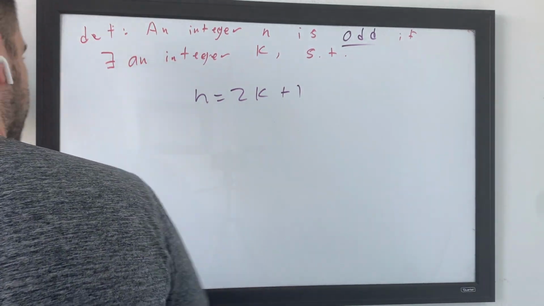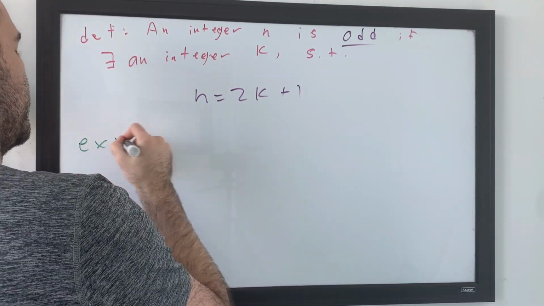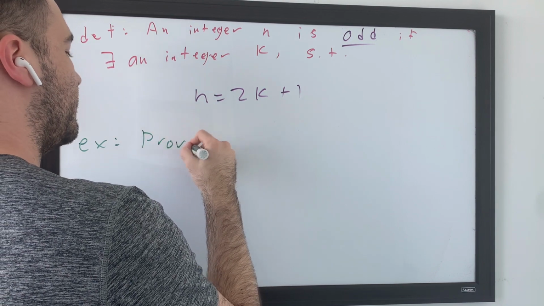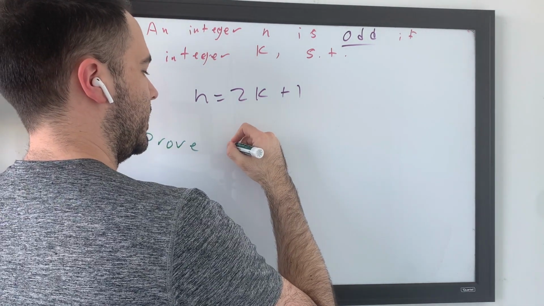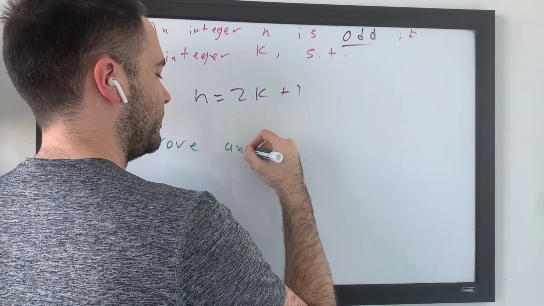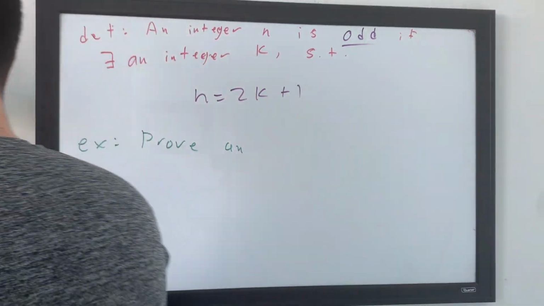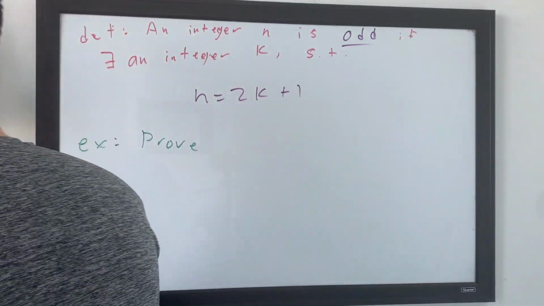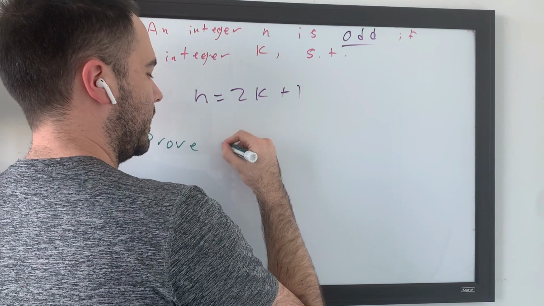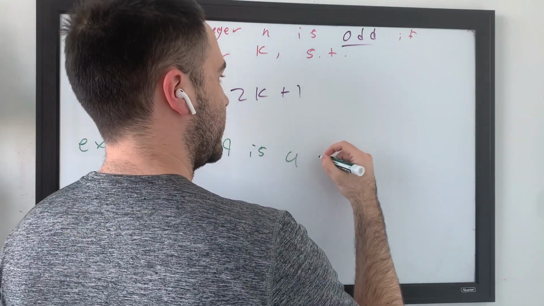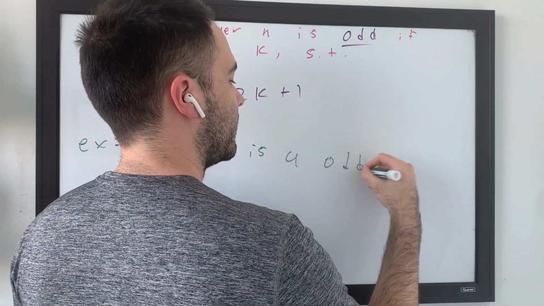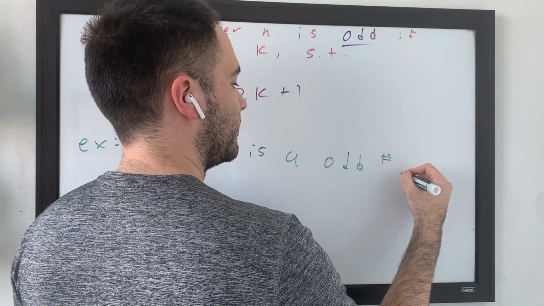An example we can do with this one is: prove 9 is an odd number.